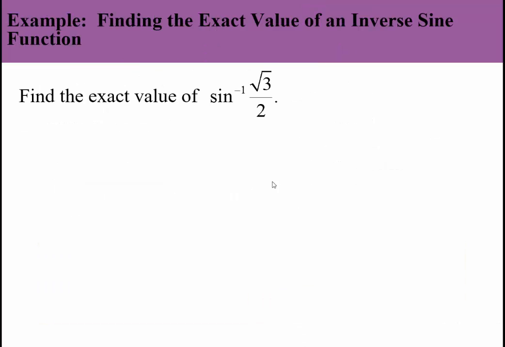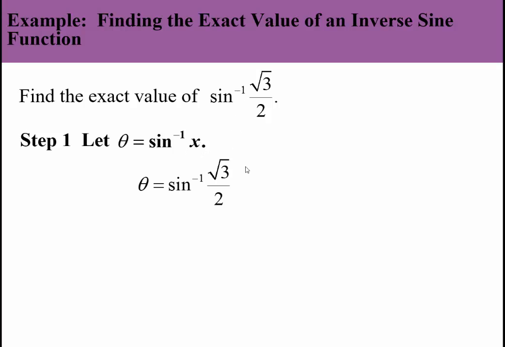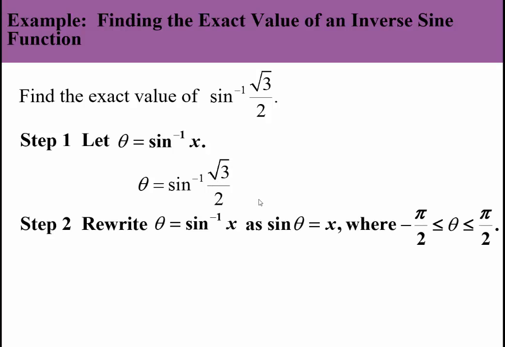All right, so we want to find the exact value of the inverse sine of the square root of 3 over 2. Now, what I like to do with my students is, one, go ahead and let that angle theta equal the inverse sine of x, which in this case is the square root of 3 over 2. And we're asking at what angle is the sine equal to the square root of 3 over 2.